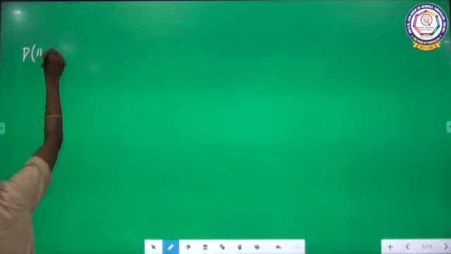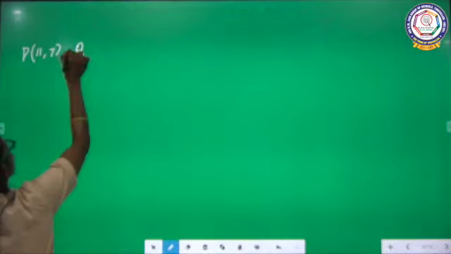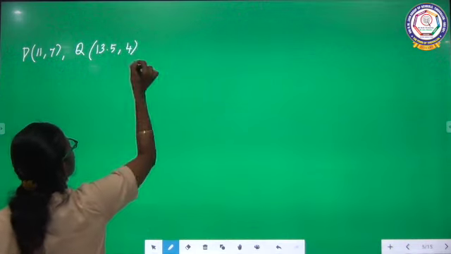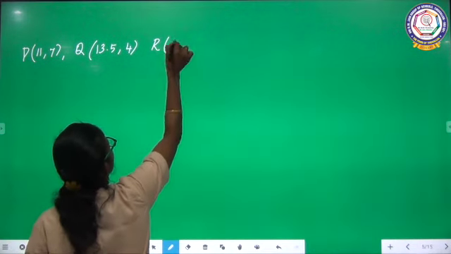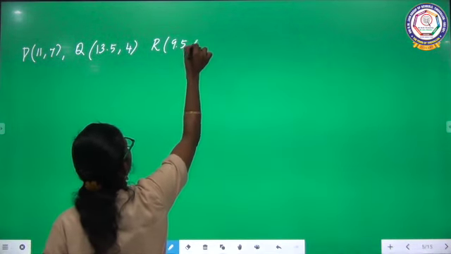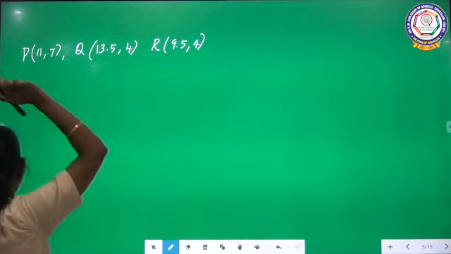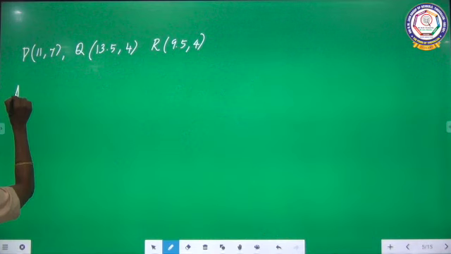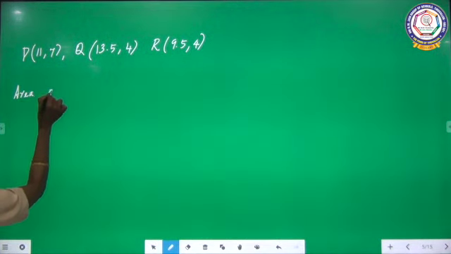First you write the P coordinates 11, 7, Q 13.5, 4, R 9.5, 4.